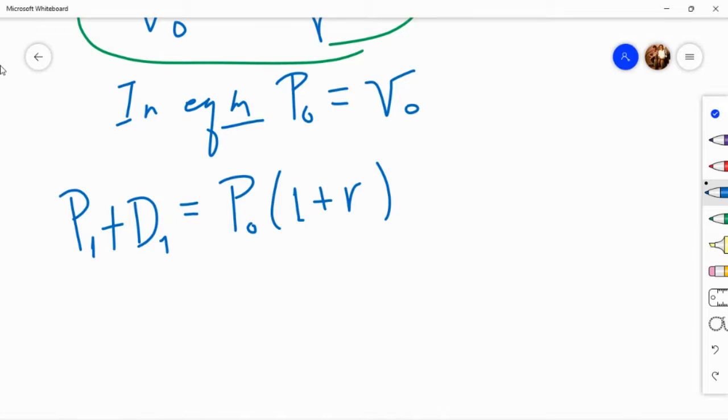Now, let's think about it. Then, in scenario 1, return was exactly just the growth rate in scenario 1.